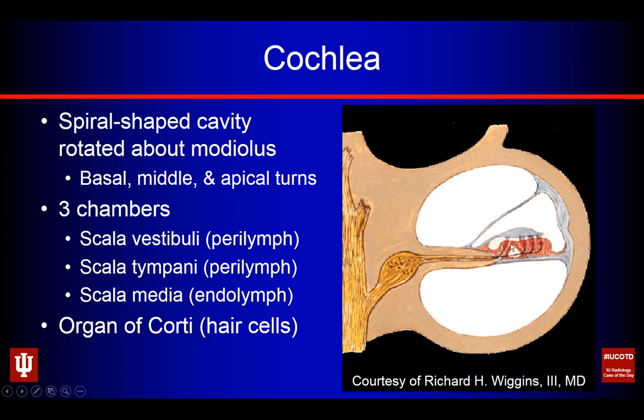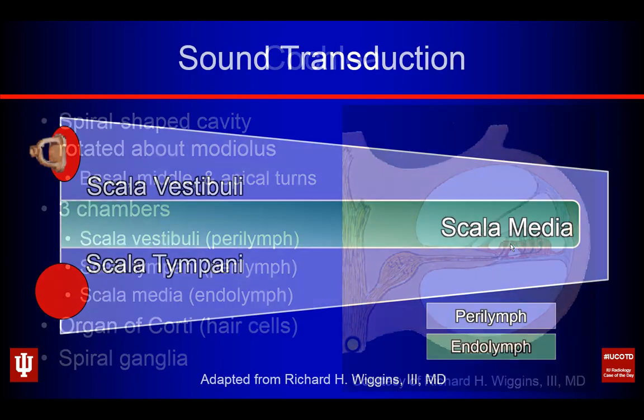Whenever you have a fluid wave that jiggles these membranes, hair cells that are specific to a specific frequency get triggered to depolarize, and they send their pulses down into the spiral ganglia that lives in the modiolus. As you can see, these have been triggered, and it's sending those neurological impulses down to the spiral ganglia. So in a very diagrammatic manner, this is what happens with sound transduction.